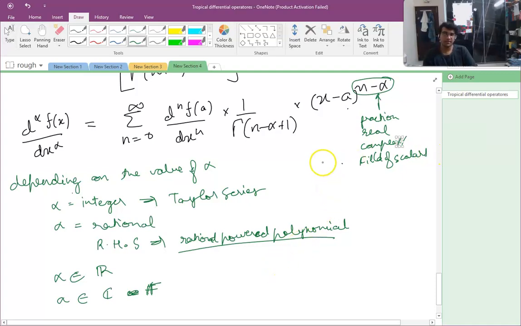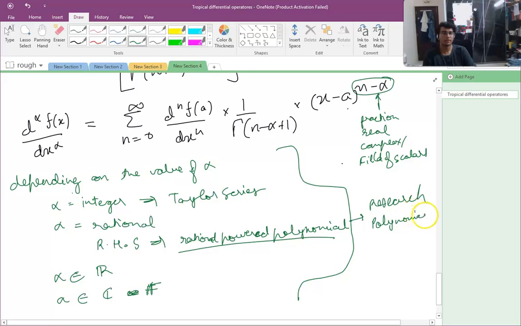So this is one particular type of research you can carry out. You can look into the types of polynomials that we get for elementary functions, things like sine, cos, tan, log, e to the x, and so on.